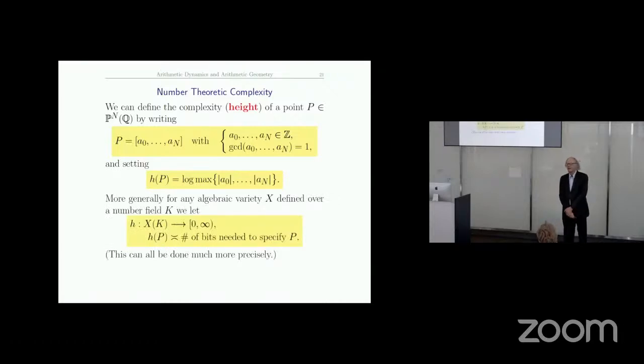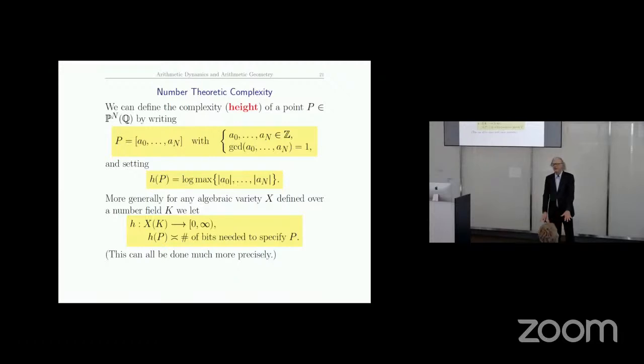And more generally, one can do this for any variety and any number field. So a height function relative to an ample divisor on the k-rational points of a variety is essentially a measure of how many bits you need to describe the point P up to a scaling factor.